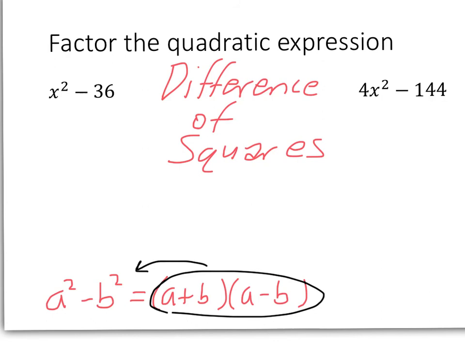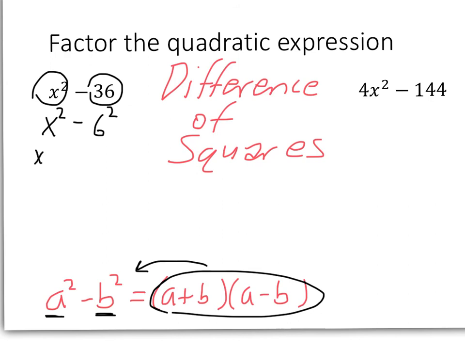So really all you have to do is find the a and the b. What's being squared in the problem? Since this is a binomial and these look suspiciously like squares, that one's pretty obvious. It's staring you in the face, and this, I remember as being 6 squared. So really we have x squared minus 6 squared.